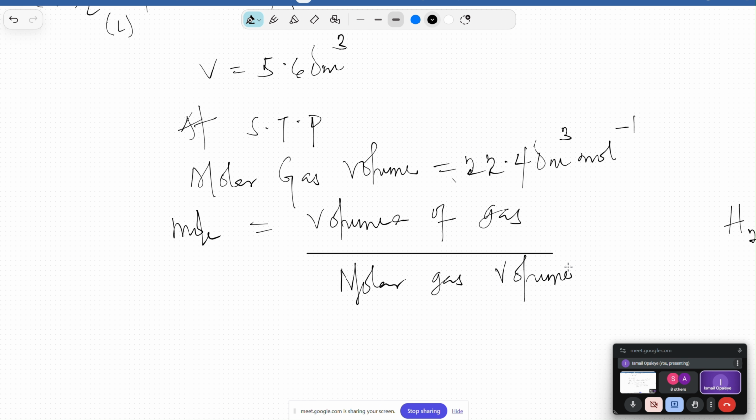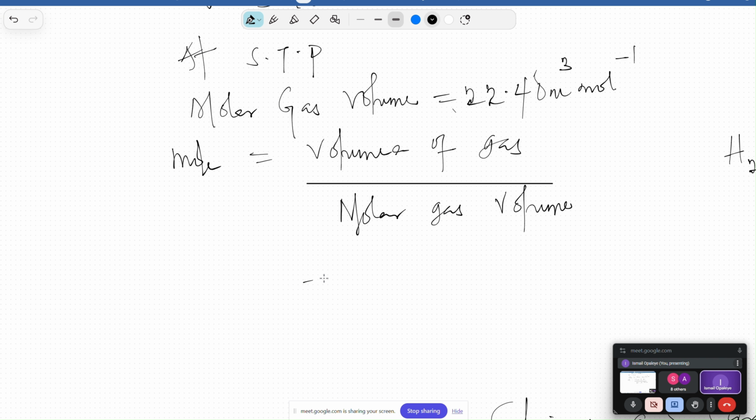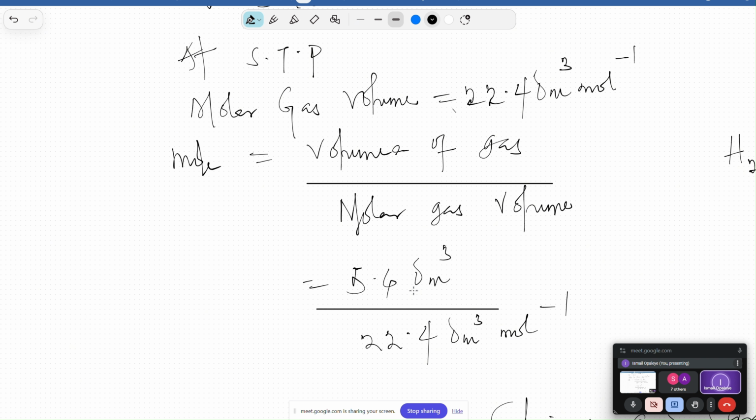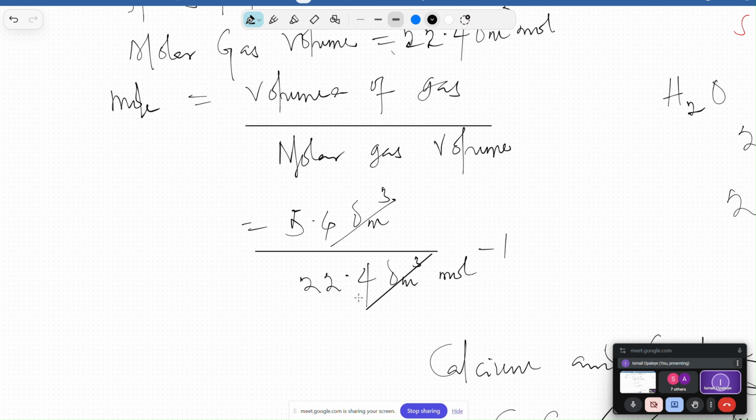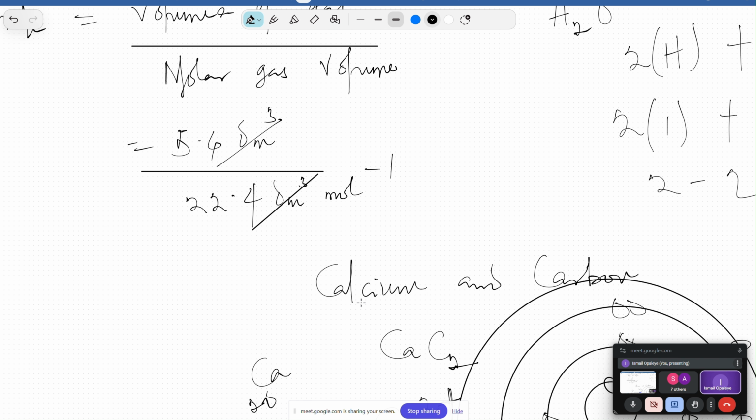So the volume of gas, 5.6 dm cube, is produced, divided by the molar gas volume, 22.4 dm cube per mole. You must ensure that your units are tallying together. So dm cube cancels out dm cube, and mole per mole comes up to become a mole. Someone help me to calculate this value. 5.6 divided by 22.4, please. What do we get?